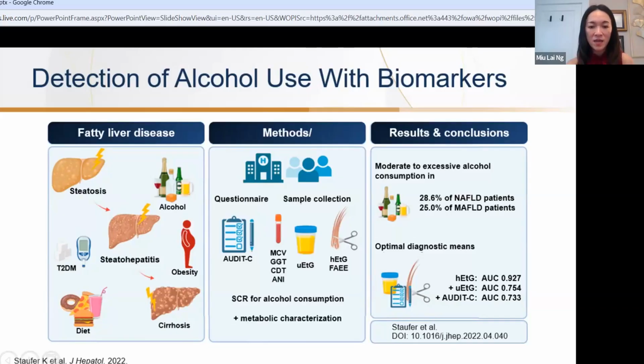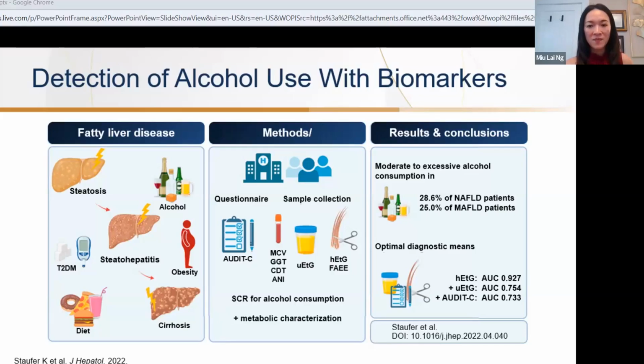But on this slide, I want to stress that when alcohol history is unclear, biomarkers can help. PEth and some urine testing, blood testing such as MCV, GGT, CDT, and the alcoholic non-alcoholic index all have their utility.